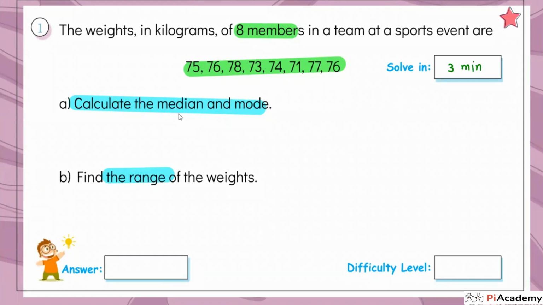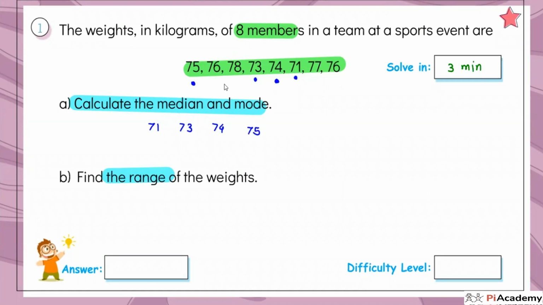And for median, you have to arrange them in increasing order, right? So I can see the lowest value here is 71. So let's start with 71. Now the second lowest is 73. Then I can see 74. Now after 74, 75.